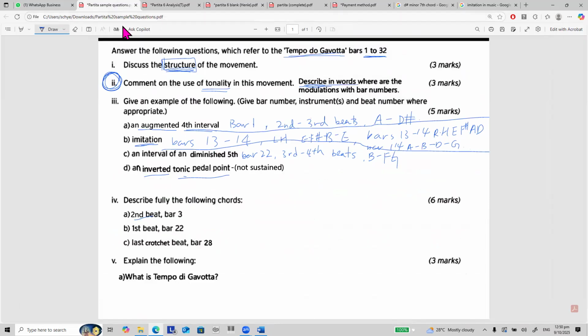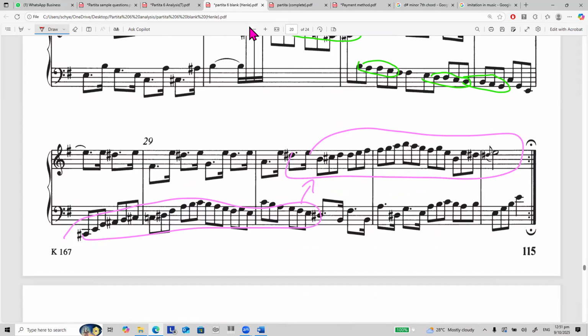And the question says the E tonic pedal is not sustained. You can see it here. The E is here. It's not sustained, it passes through many different chord progressions. So this is bar 28B to 29, or you can say 30A.